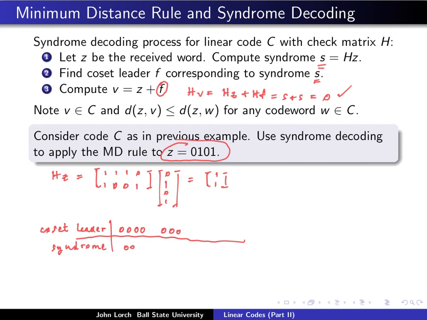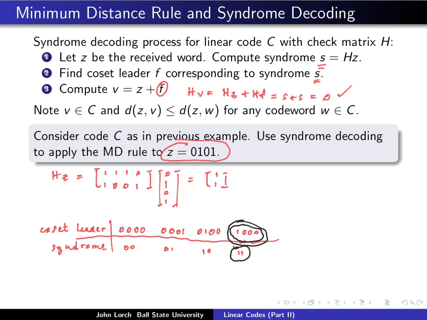Then 0, 0, 0, 1 was 0, 1. Then for 0, 1, 0, 0, the syndrome was 1, 0. And finally, for 1, 0, 0, 0, the syndrome was 1, 1. And there we've hit the jackpot, right? I'm looking for the coset leader that corresponds to the syndrome 1, 1. So there it is. There's my coset leader.